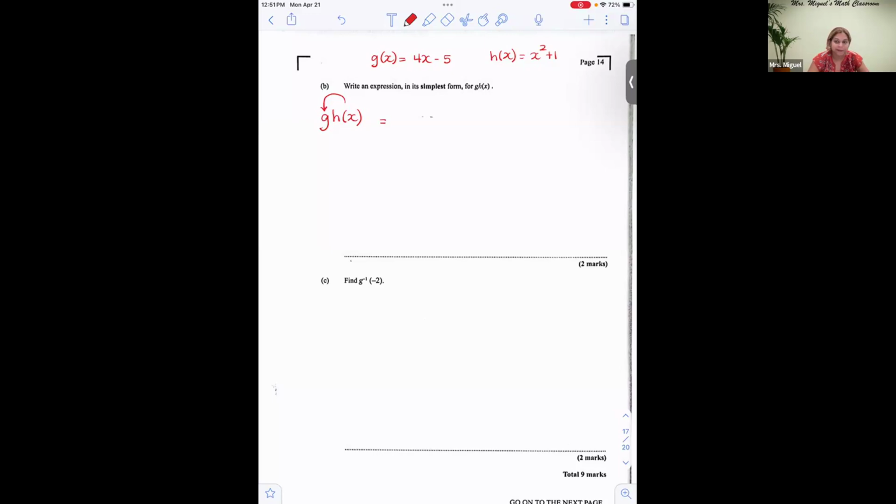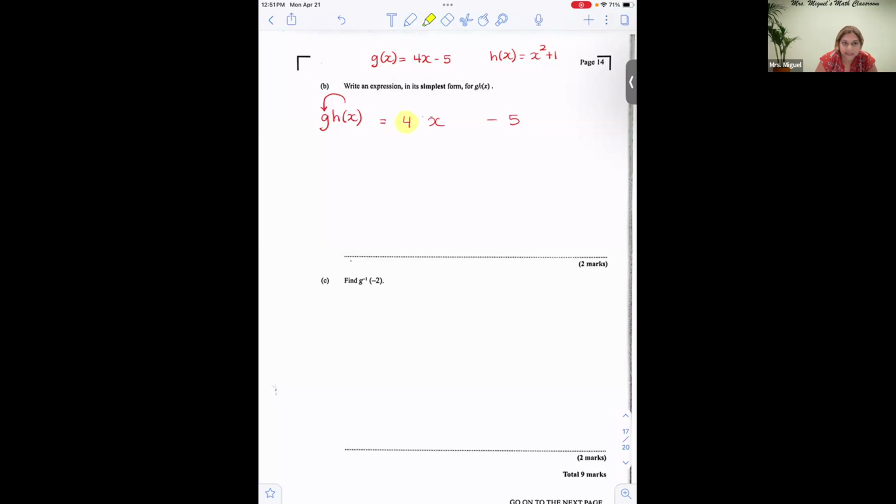All right, so we're doing h into g. What does that mean? It means that you must be able to replace the function h of x into g of x. So you're taking the g of x and you're making a replacement.